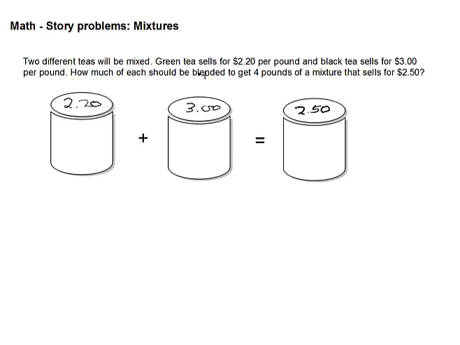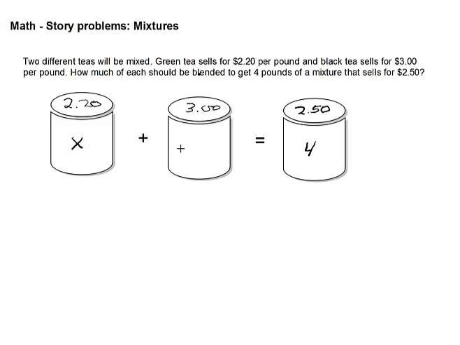Because it says to get 4 pounds, we're going to end up with 4 pounds. So our 4 would go into the total, because this is what we end up with. One of these we're going to have to make the variable, in this case x. So we'll make the first one x.